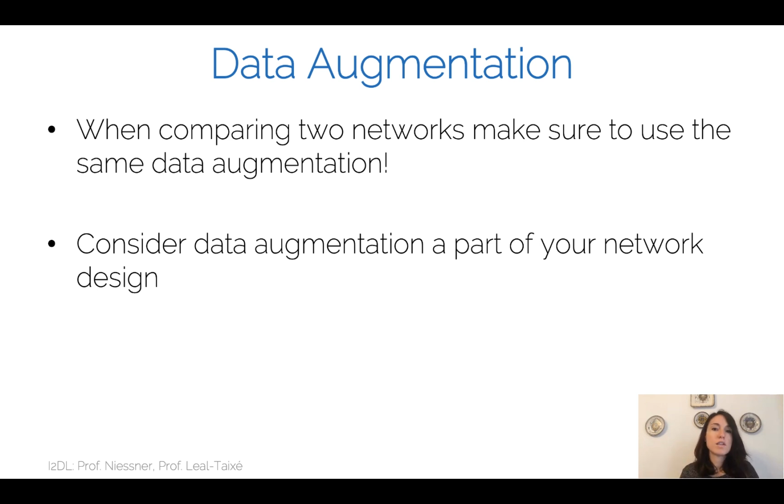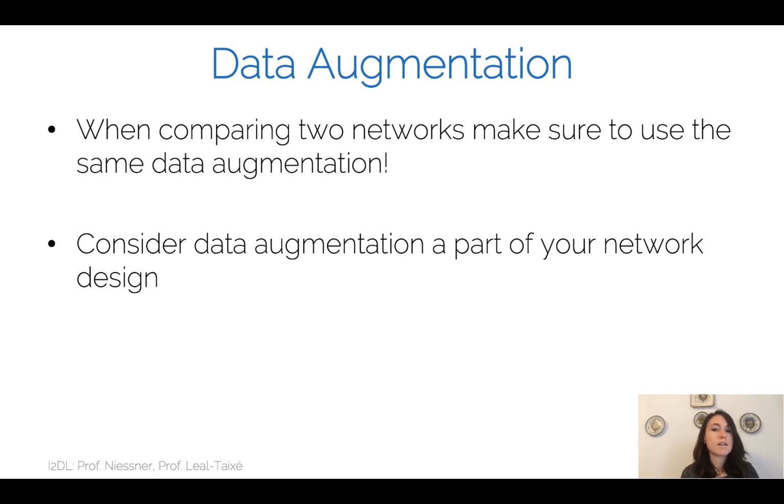So data augmentation is actually one of the simplest ways to improve the classifier accuracy. But when you're actually comparing two networks, let's say you're trying to improve your architecture, you have to make sure to use the same data augmentation, because sometimes data augmentation is randomly computed during training.